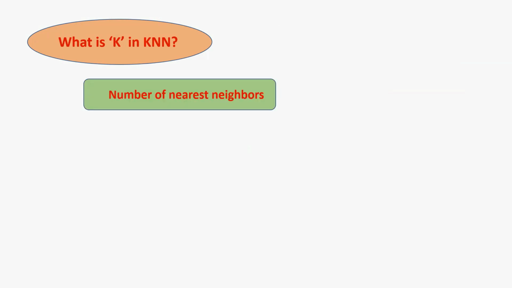Now the important thing: what does K in KNN represent? The K is nothing but the number of nearest neighbors. So consider one problem. Here we have a green data point, which is unlabeled data.